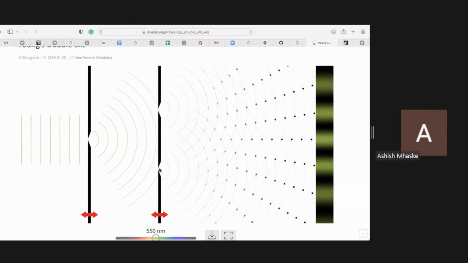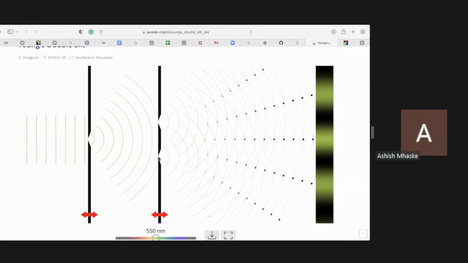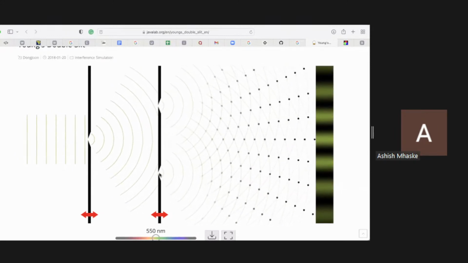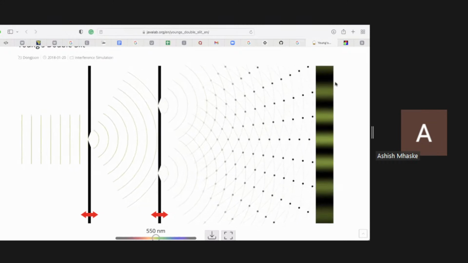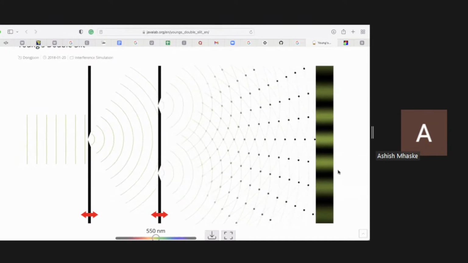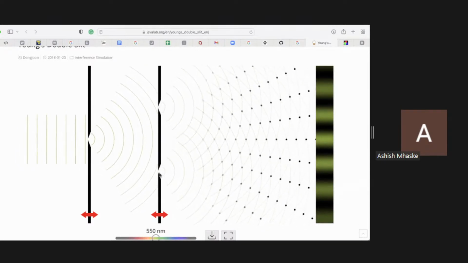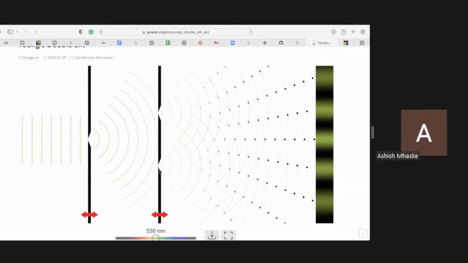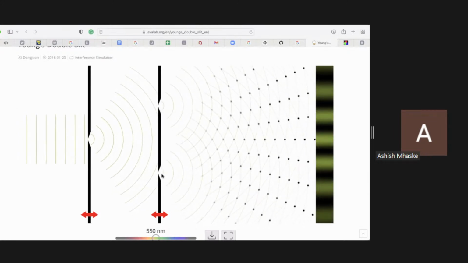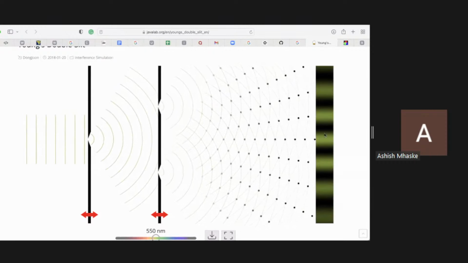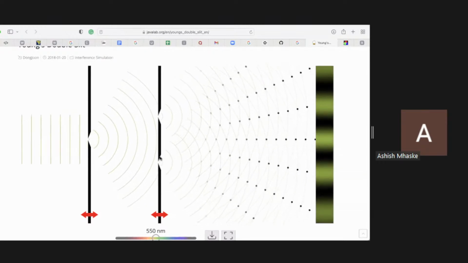So now by controlling this distance between these two slits, you can look at different sizes of sources. A source which is very, very small, like a point source, will not affect any fringes. But if the source is very large, these fringes will start disappearing for some distances.